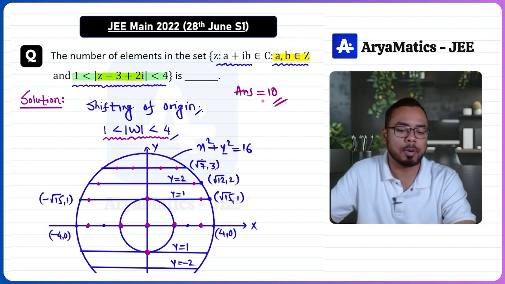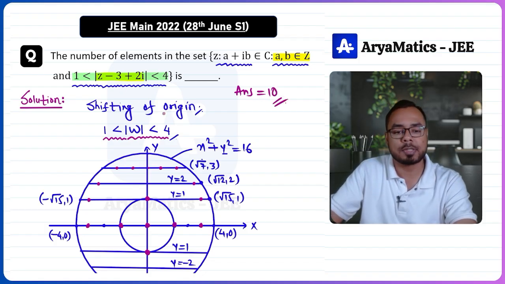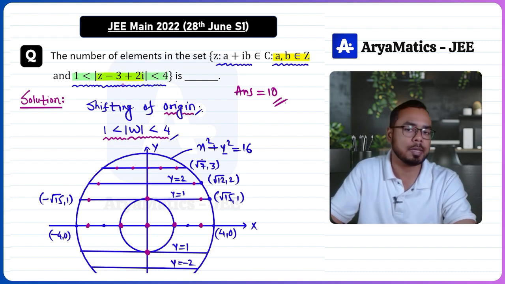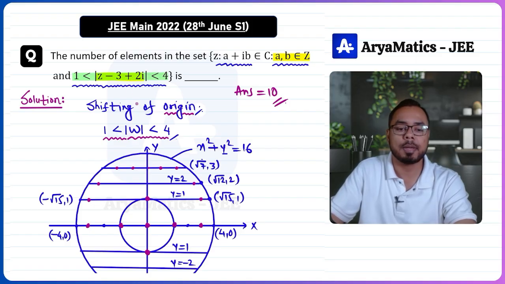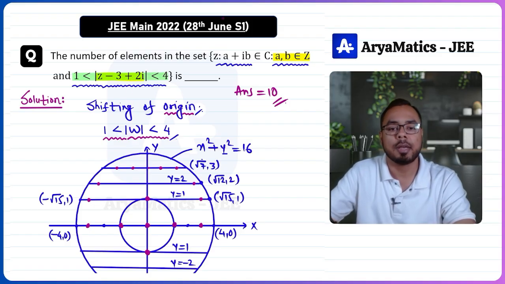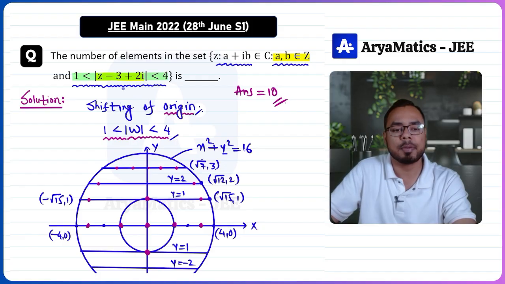In this question, the important concept was that once you shift the origin by an integral number of coordinates, instead of (-3, -2) we are making the center of the circle the origin. That means in place of this complex number, we are writing another complex number omega, so the number of points with integral coordinates will not change, right?